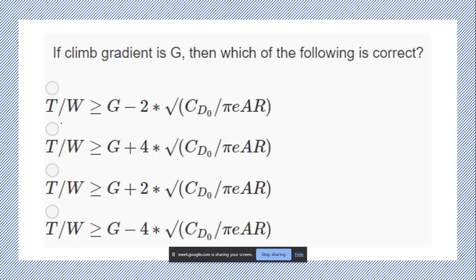Okay, so now let's look over this question. It was a straightforward question from the book, right? So we'll just go over that. If the climb gradient is G, then which of the following is correct? What was the climb gradient? What was the quantity? G. It's G, but what was the equation? What is G equal to?